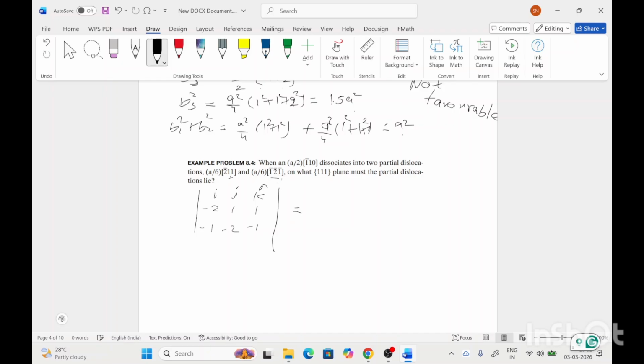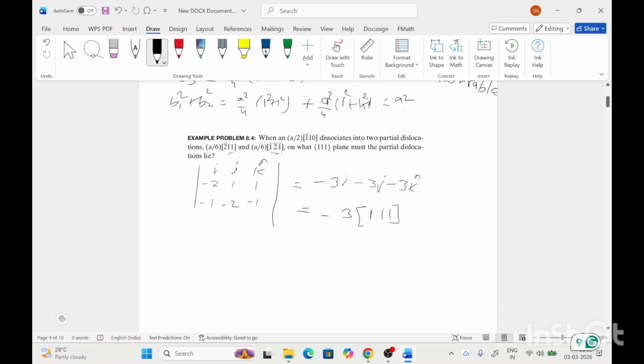So this will give minus 1 plus 2, so this will give 2 bar 1, minus 3 i, minus 3 j and minus 3 k. So the Miller indices for this will be 111. So this will be the dissociation plane for these partial dislocations.